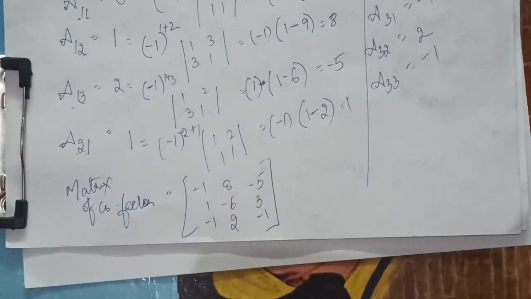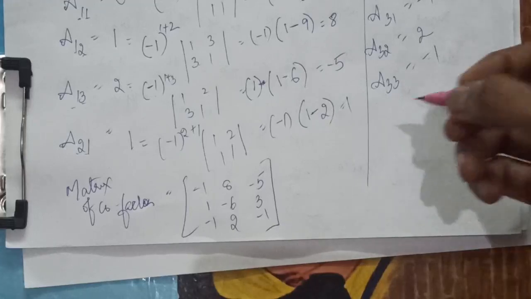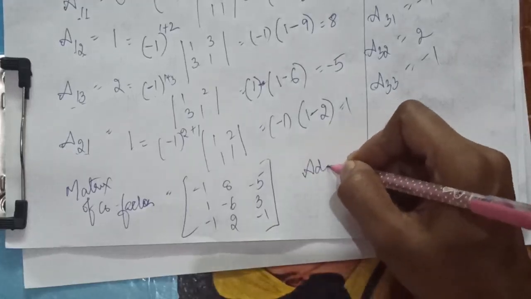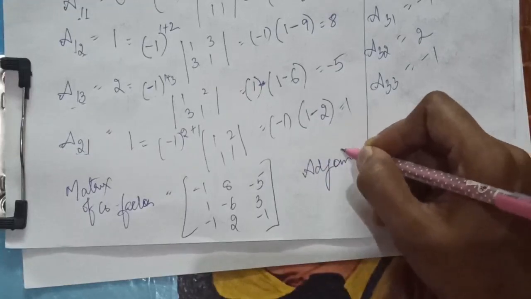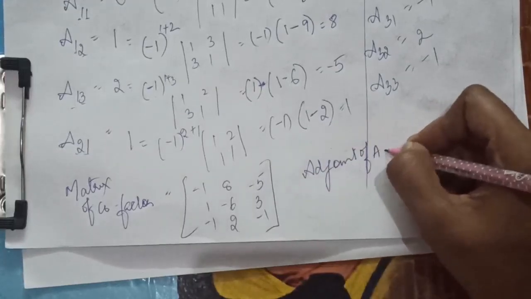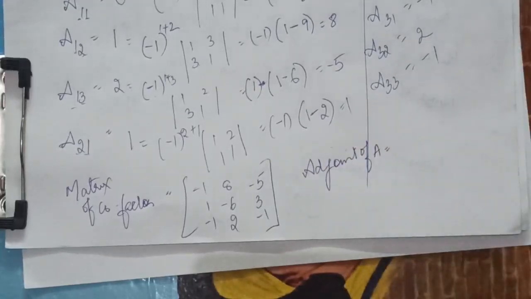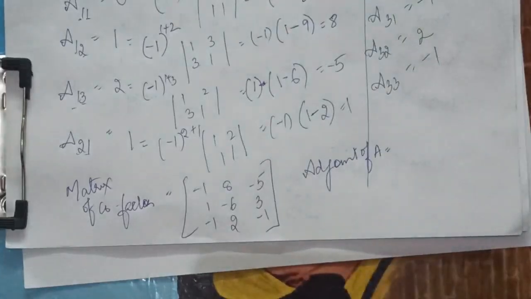Another point we can add here is, sometimes in the questions you have been given that you have to calculate the adjoint of A, the adjoint of the matrix. So the adjoint of the matrix, this is the original matrix.